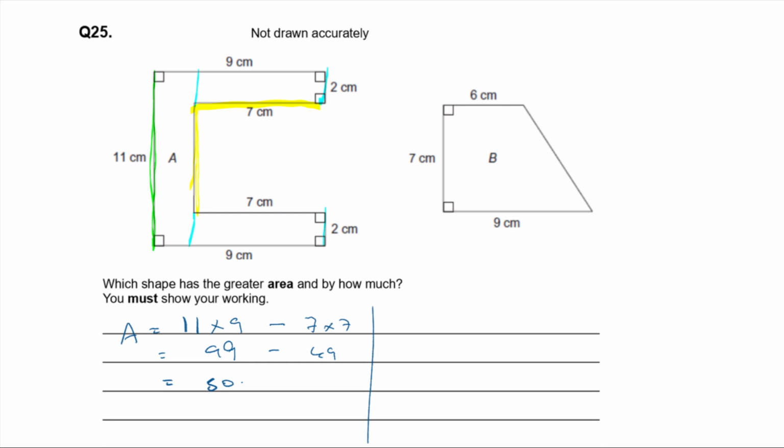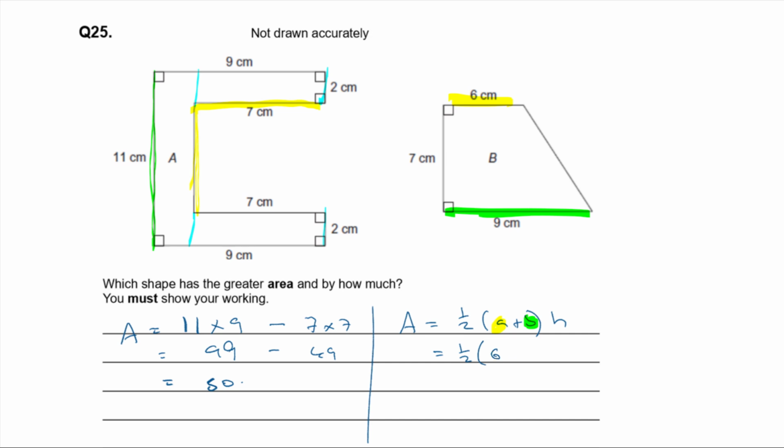Moving on to the trapezium, the area is again half (a plus b) times h, where a and b are the two parallel sides. That's going to be a, that's going to be b. So we add our two parallel sides together and halve them.